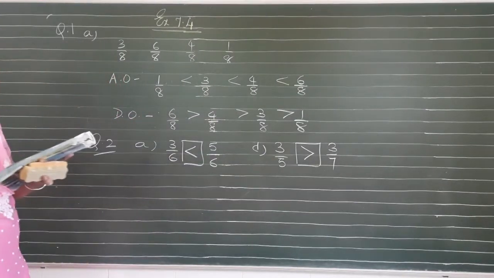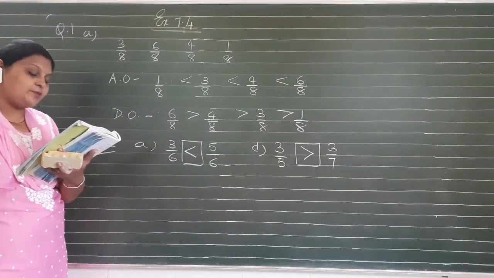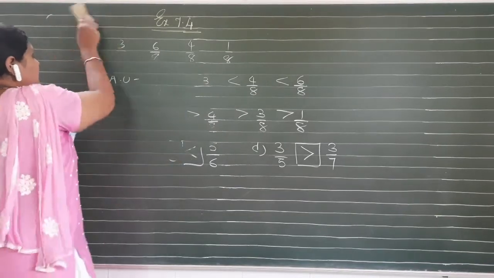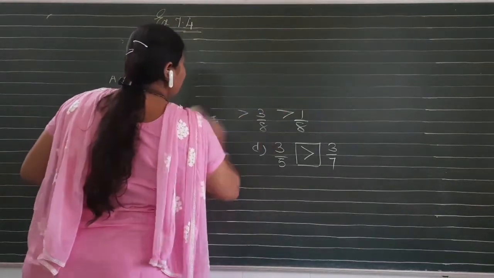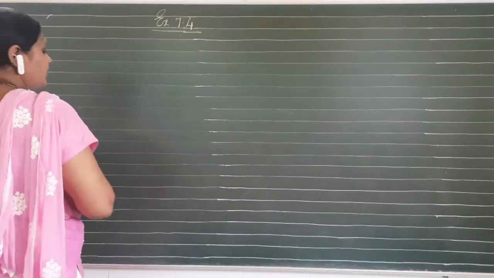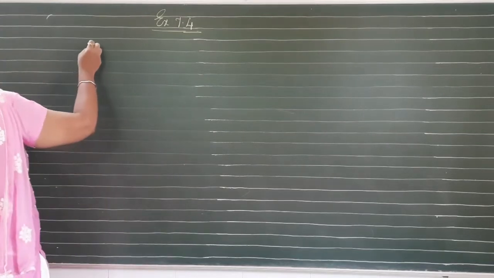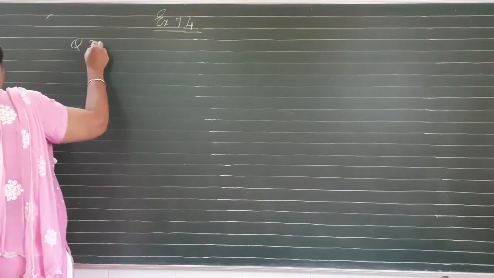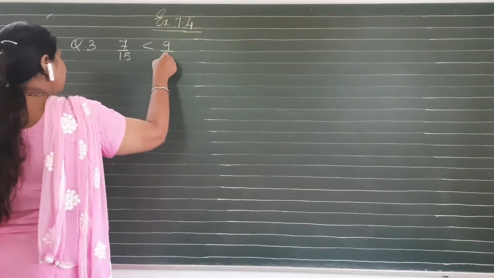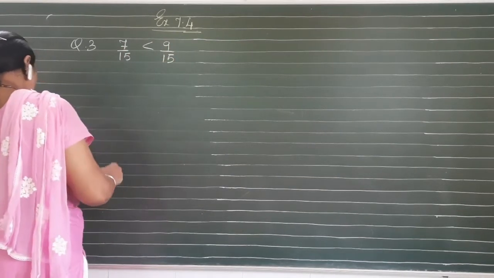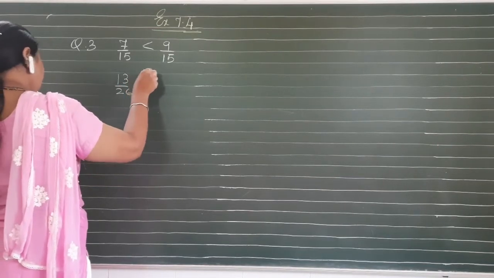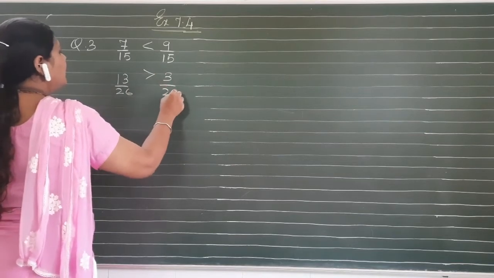Question number 3. Make 5 more such pairs and put the appropriate sign. Now we have to write down 5 pairs having equal denominators or equal numerators. So let's do it. 7 upon 15 is less than 9 upon 15. 13 upon 26 is greater than 3 upon 26.